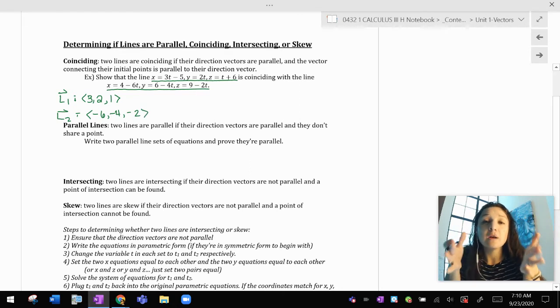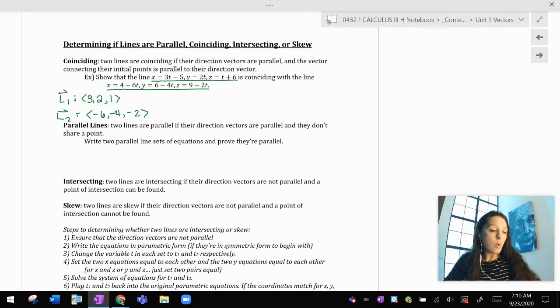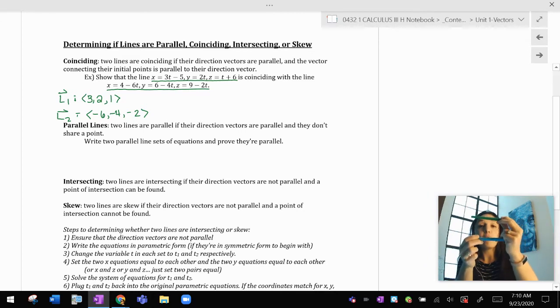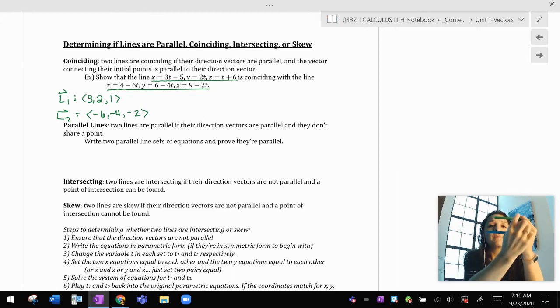So I know these lines go in the same direction, but I'm just not sure if they're the same line yet. In order to figure out if they are the same line, what we can do next is this. Here's two parallel lines. If I consider this the initial point of the green line, and this the initial point of the blue line, and I make a vector out of them, the vector connecting the initial points is totally different than the vector creating the lines themselves.